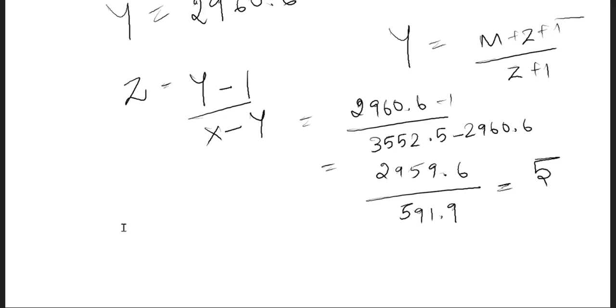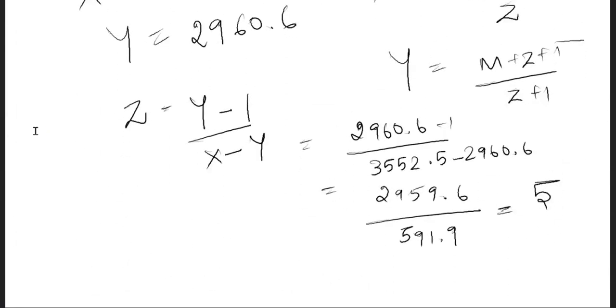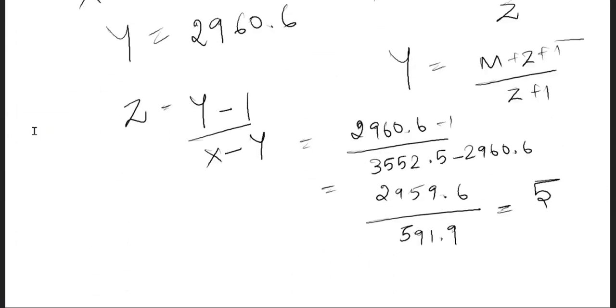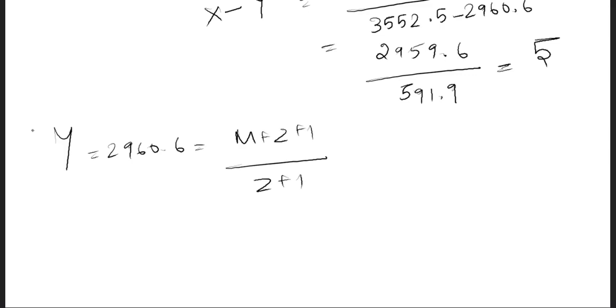Alright, so now you need to find the mass of the protein associated with the m/z peak, which is 2960.6. So here we have clearly taken y to be equal to 2960.6, which is equal to (m plus z plus 1) divided by (z plus 1).